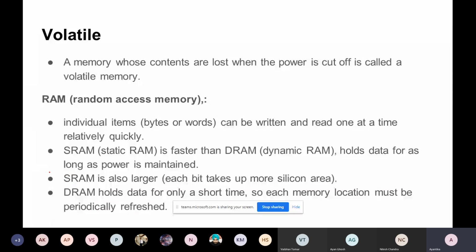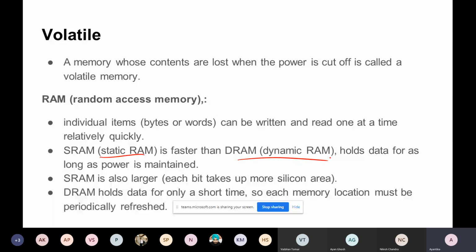I think these are very basic: there are two types of memories, volatile and non-volatile. Volatile memories are those whose contents are lost when the power is cut off, and the example is RAM. Within RAM again we have static RAM and dynamic RAM, and they have their own advantages.